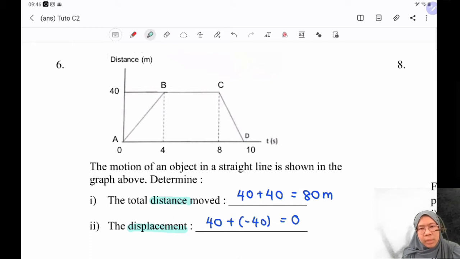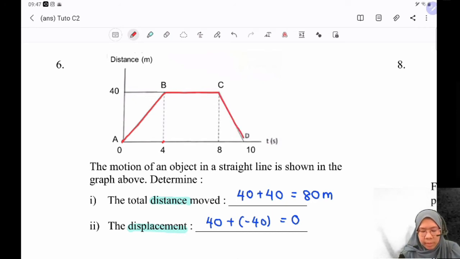But then displacement kita ada nilai negatif. So the total distance travelled adalah daripada, okay, kalau awak tengok daripada 0 sampai 4 second, dia telah melalui jarak sebanyak 40 meter. Kemudian dia mendatar, maksudnya dia tidak bergerak lah, dia dah tak tambah ataupun kurangkan dia punya jarak daripada initial point.